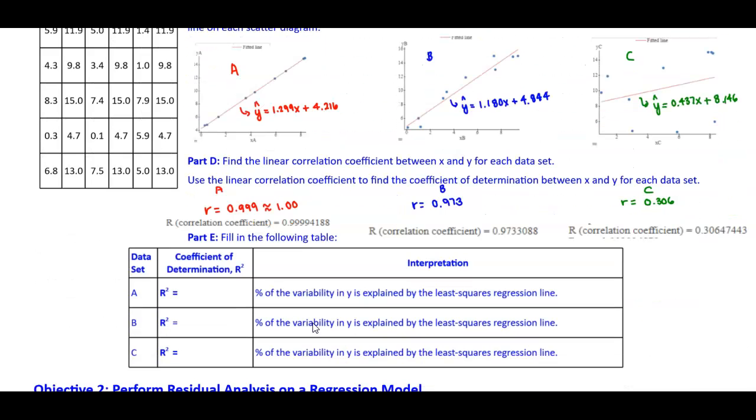So now what we're going to do in part E is we need to fill in the following table. We have data set A, B, and C. We want the coefficient of determination. So we know that for A, we're going to take the value of R. Okay, so what is the value of R? Well, this is 1.00, right? So we're taking the value of R and then we're going to square it. So we take this 1.000, and then we square that.